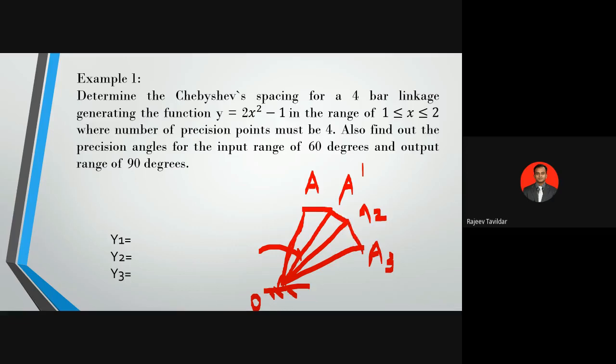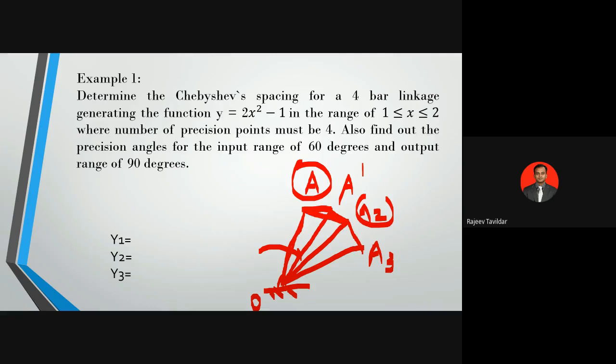So between A and A3, I have got 2 points here, A1 and A2. This distance from A to A1 is our x1. Similarly, between A and A2, that distance is our x2.